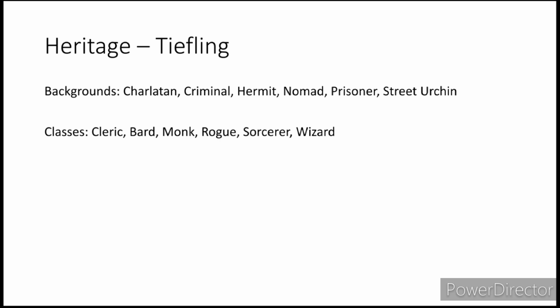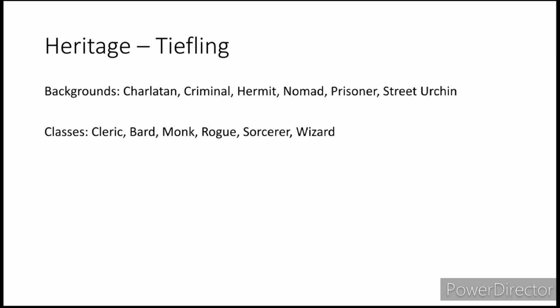Tieflings are known to be mischievous, stereotypically. So you could have a character that goes against the stereotype, or at least attempts to. Something might come up to where they can't quite escape the stereotype, or it makes it look like they're still a part of that stereotype.